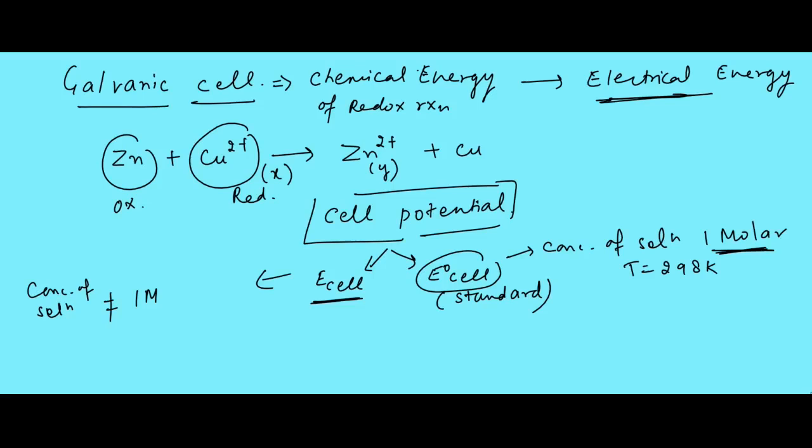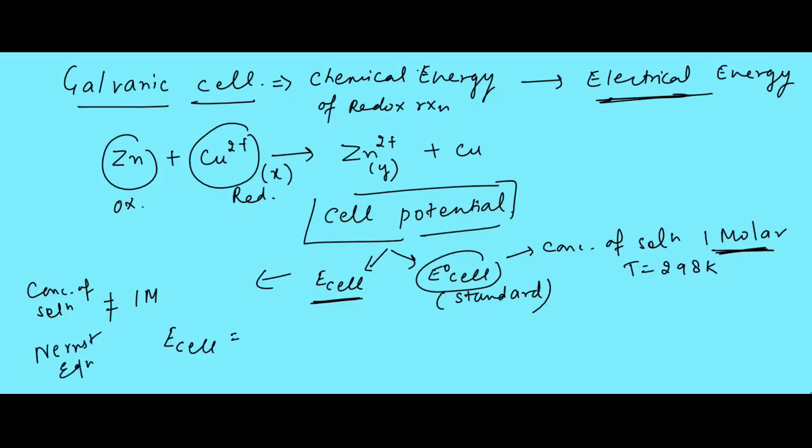Why E cell? Because the solution concentrations are not equal to 1 molar. So for calculating the E cell, I will be using this equation which is called the Nernst equation.